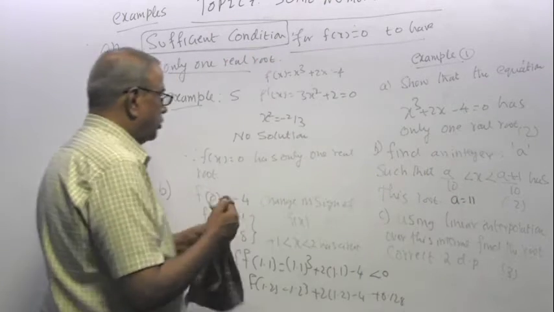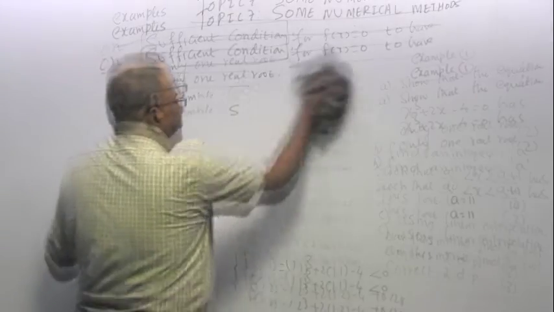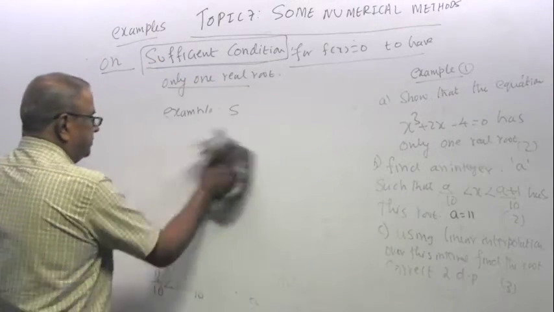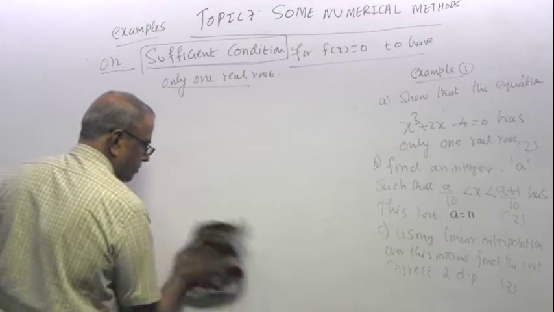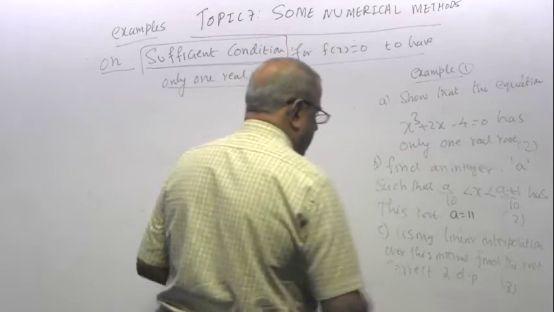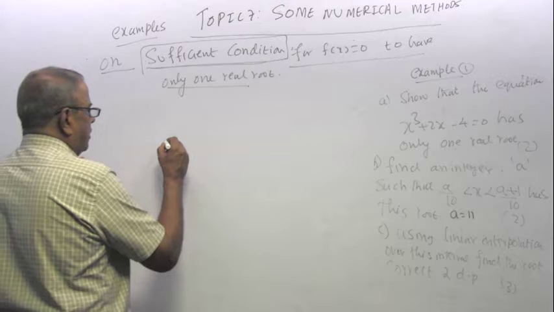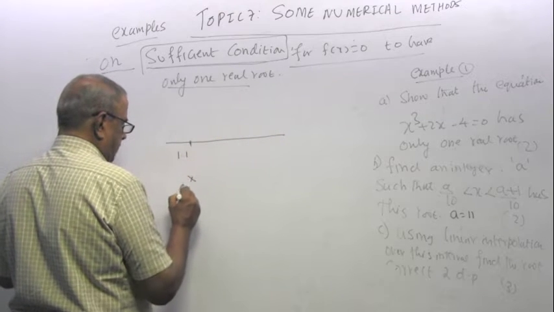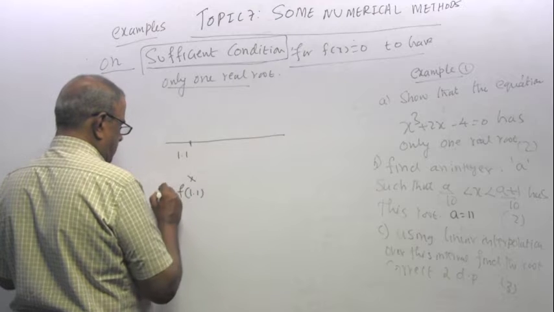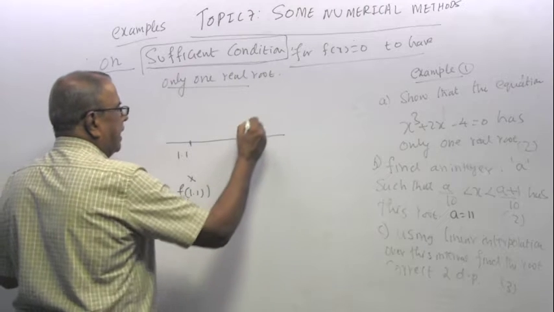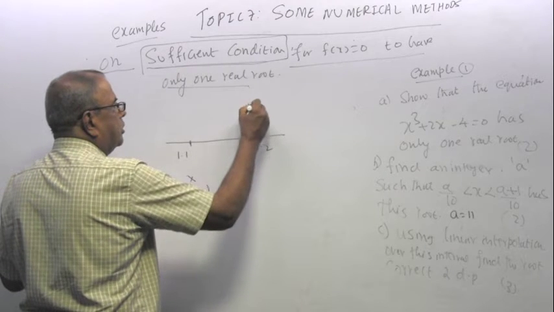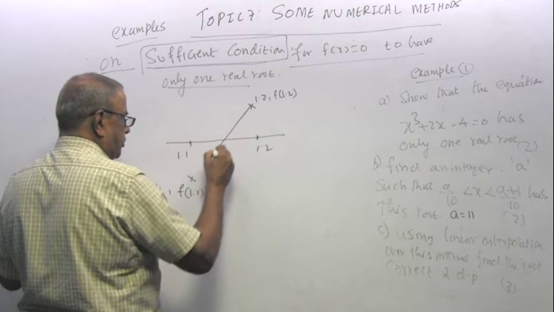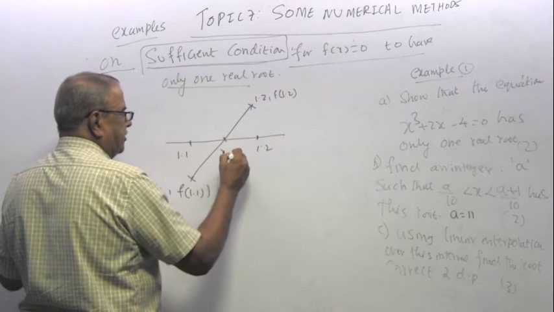And he wants you to use linear interpolation. So draw a line: 1.1, f of 1.1, then 1.2, f of 1.2. Assume that to be a straight line, call it x0.